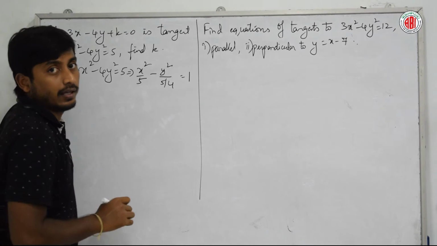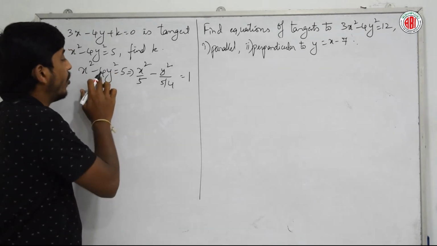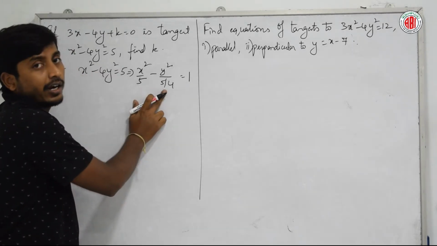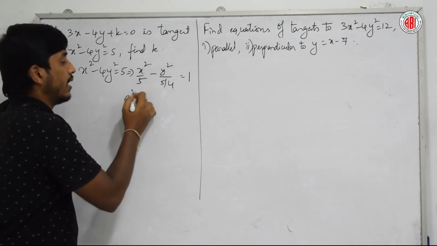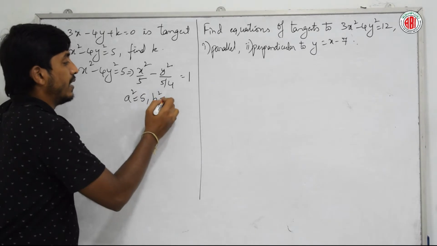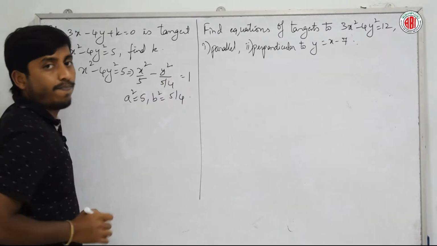Is it right? So here it is 4, we'll just write it in the denominator. So a square is 5. b square is 5 by 4.